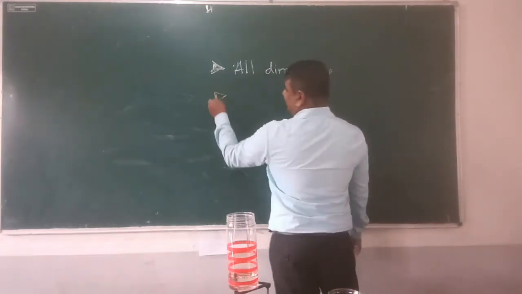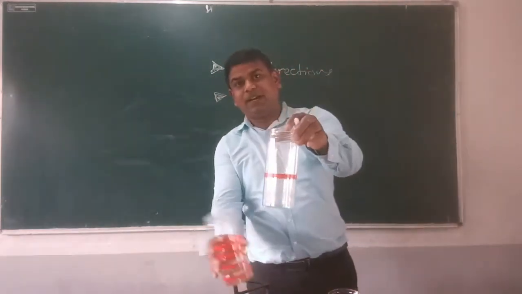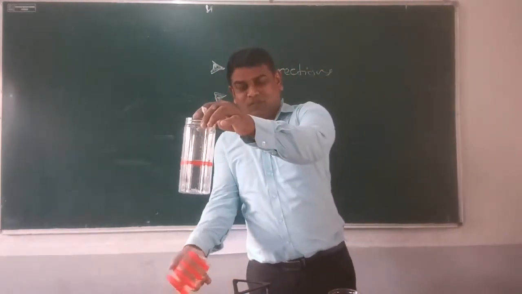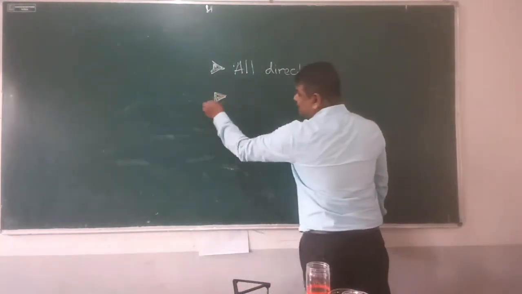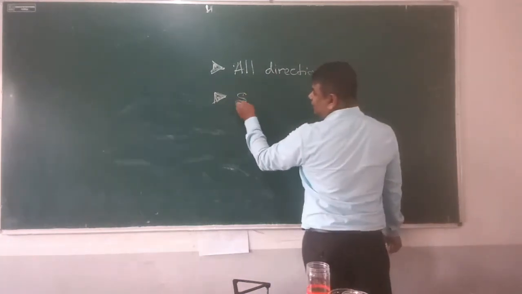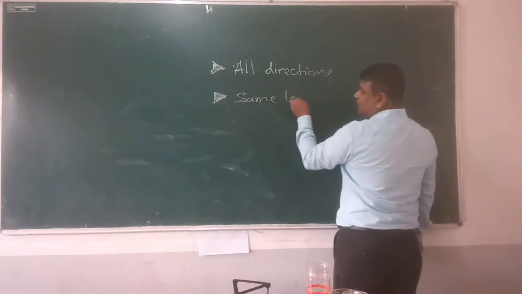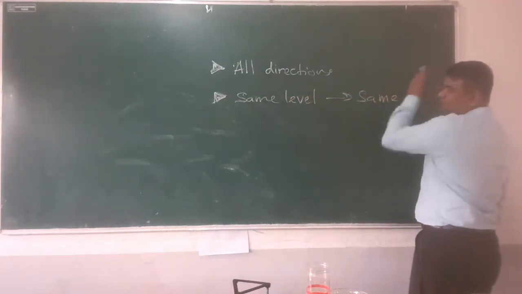Second experiment. Experiment with this container. You can remember that one. From this one we took one conclusion: pressure at the same level is the same. Right? If the level is the same, pressure at the same level of liquid is the same.